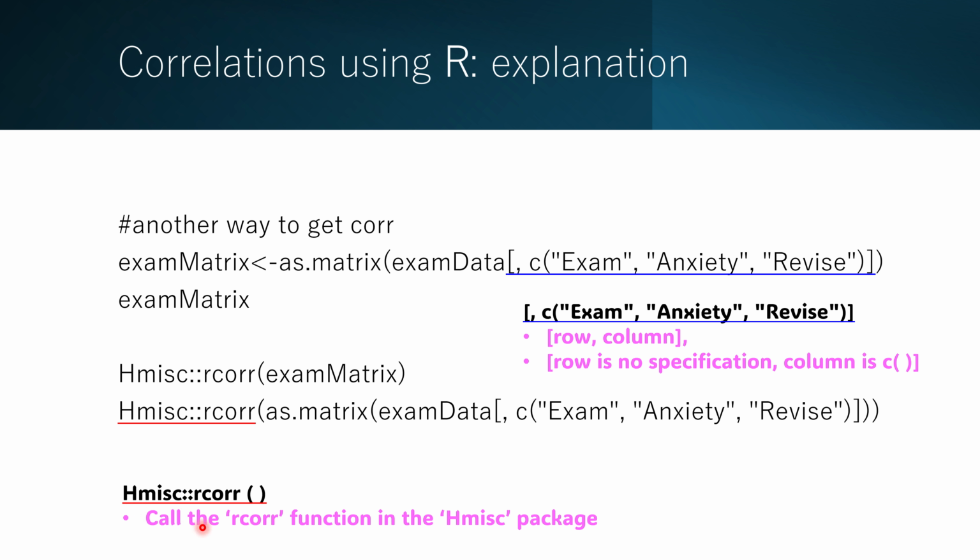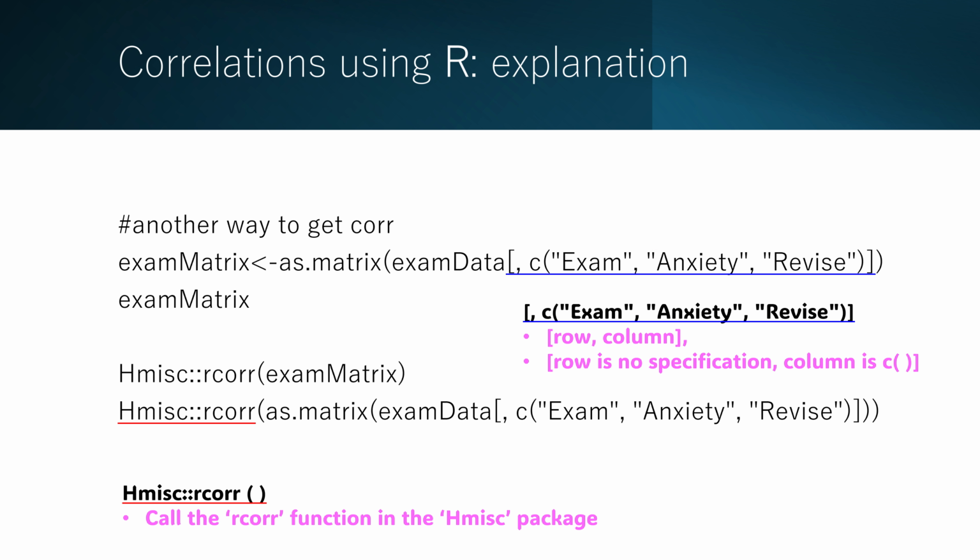This command calls the rcorr function in the Hmisc package. We call the R function, and at the same time we designate the Hmisc package. This is the dataset. What are the variables?